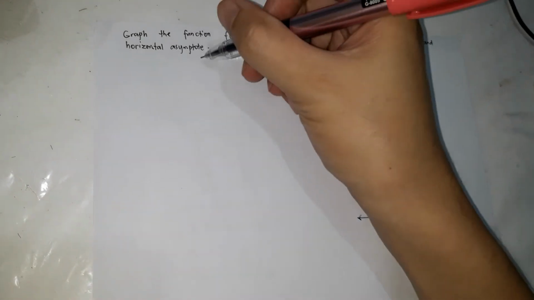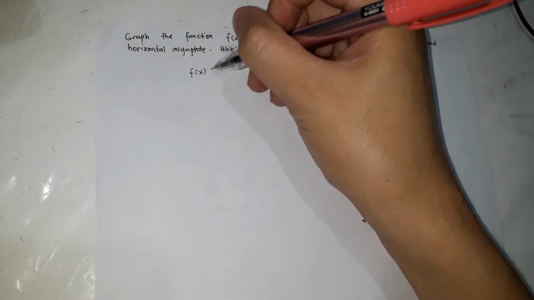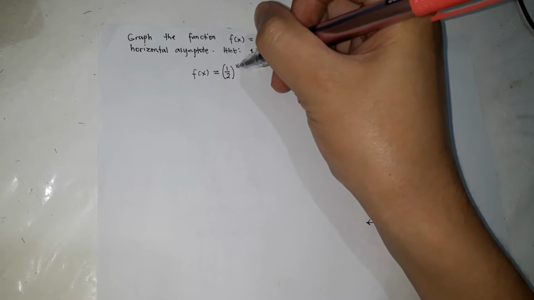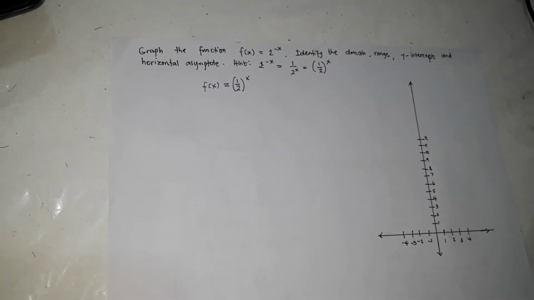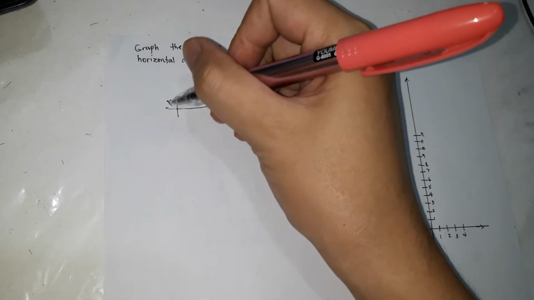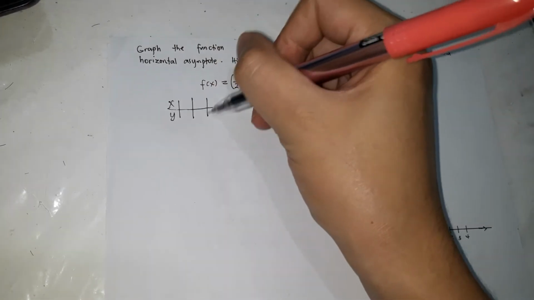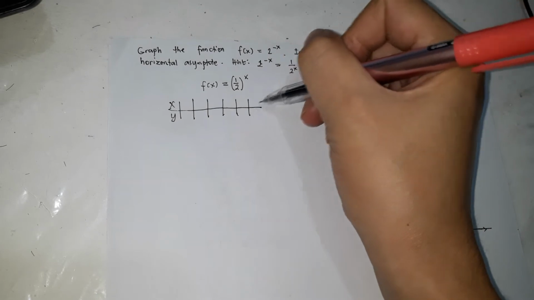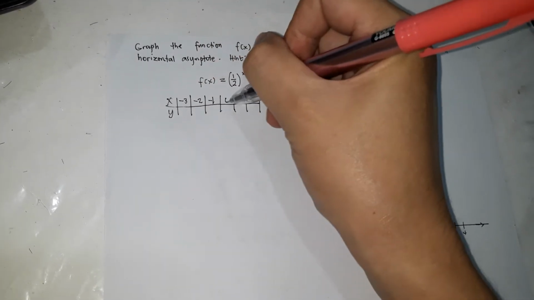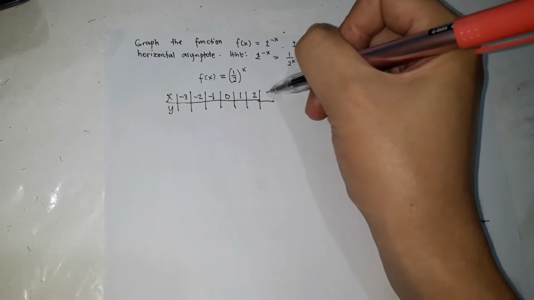So the first thing we're going to do is, as it is given in the hint, you can write it like this so that it would be easier. Let's have the table of values, x, y. We're going to have only negative 3, negative 2, negative 1, 0, 1, 2, 3.